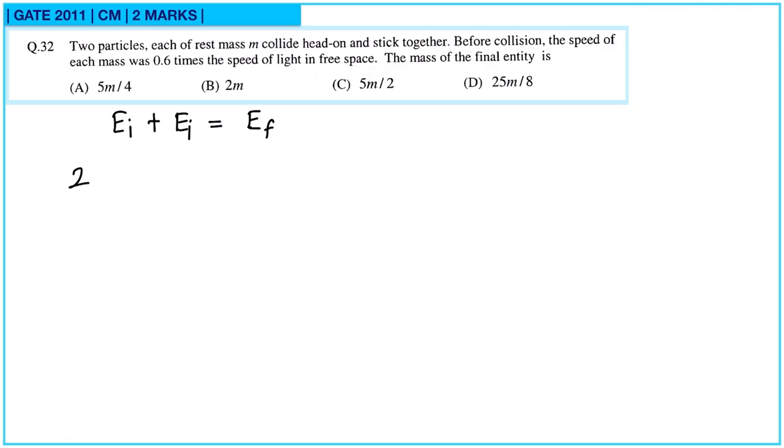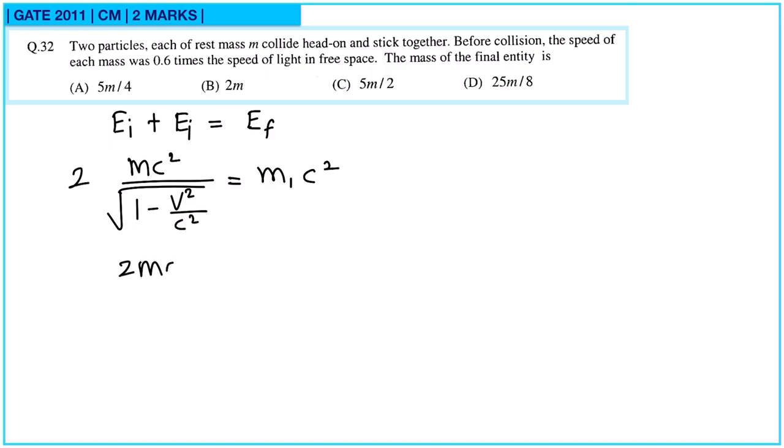So 2 into the relativistic energy, mc square upon square root of 1 minus v square by c square, is equal to the final mass, let it be some m1, into c square. Because finally that particle is at rest, so we don't have to consider the denominator there. So this will be equal to twice m c square upon square root of 1 minus (0.6) square, that is 0.36, equal to m1 c square. c square will cancel out.